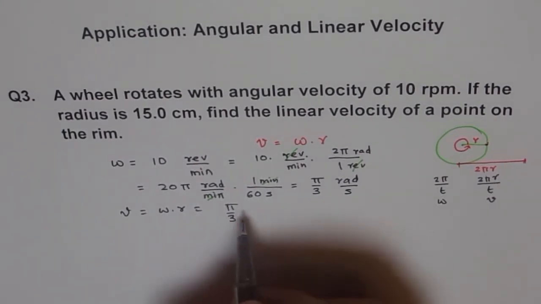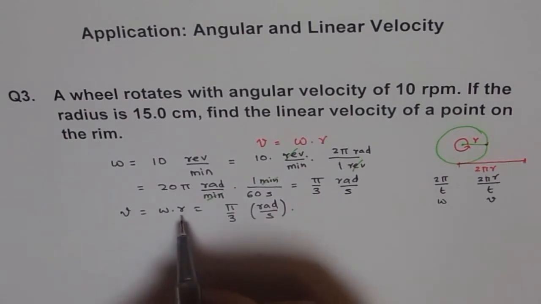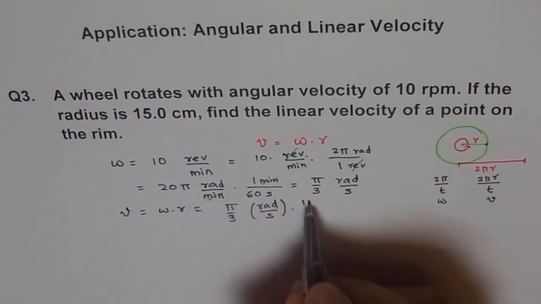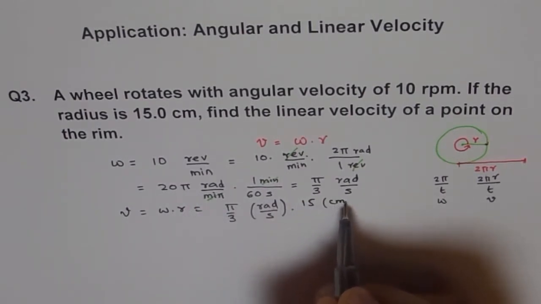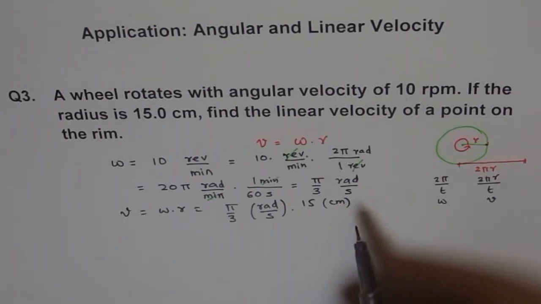And let me write units. Radian per second. And we have radius of 15 centimeter, right? Correct. Now, if you do that, we have velocity. If you want to write velocity in meters per second, then we need to convert the centimeters to meters, right?